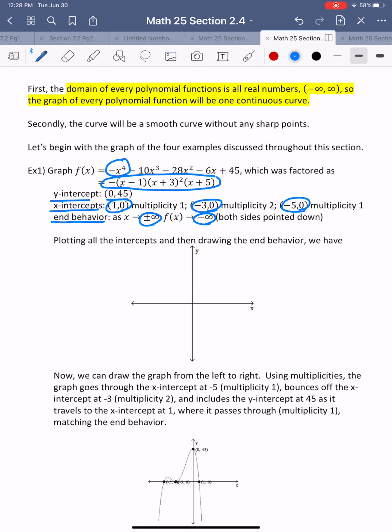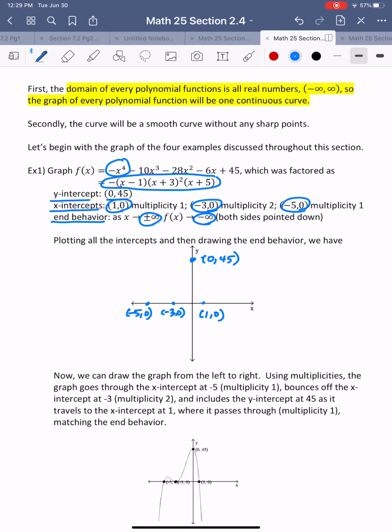So let's put down all the zeros first, okay? The y-intercept is about here, so let's say 0, 45. I don't really care about scale this time, okay? And then this is negative 5, 0, and there's a 1, 0 here. The end behavior is going to be down, down, right?